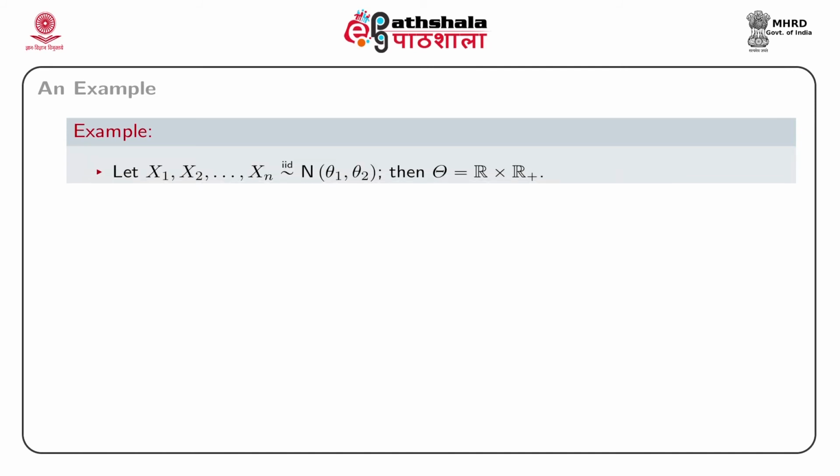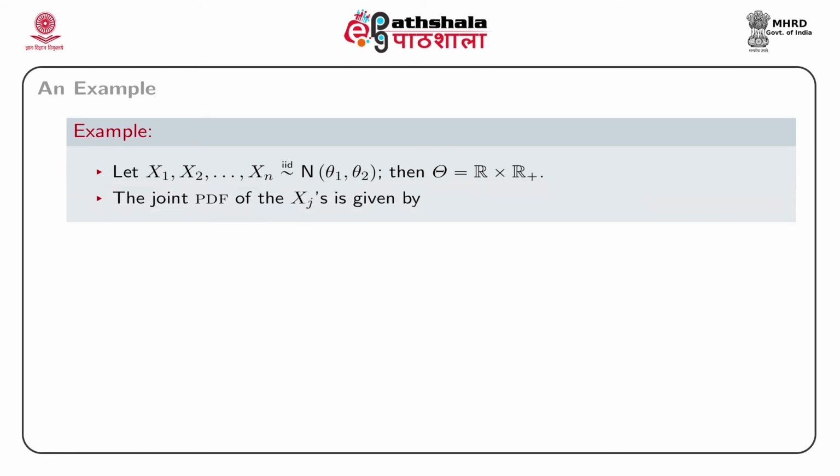Let x1, x2, up to xn be IID normal(mu, sigma square) variables, where mu and sigma are both unknown. Let us write theta, a vector which consists of 2 elements theta 1 and theta 2, where theta 1 equals mu and theta 2 equals sigma square.